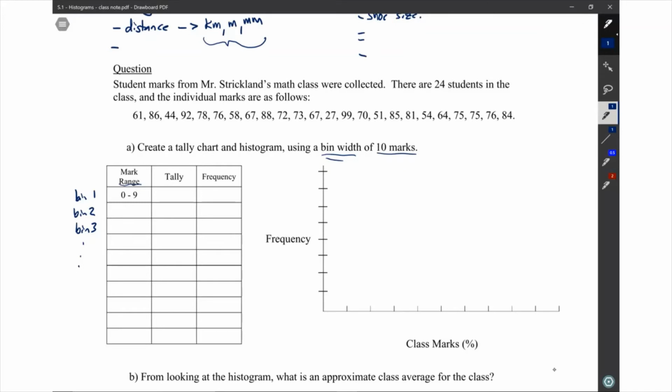So that's 0, 1, 2, 3, 4, 5, 6, 7, 8, and 9. So there are 10 different options. So we'll make the rest of our ranges for the different bins right here. So between 10 and 19, 20 and 29, 30 and 39, 40 and 49, 50 and 59. And so we notice here that all of our bins are all the same size.